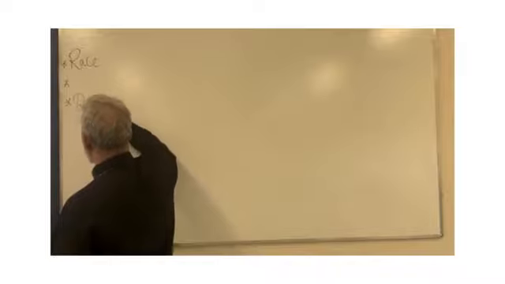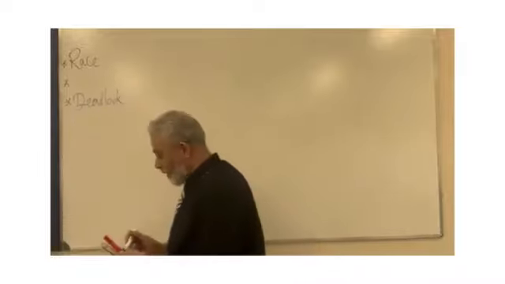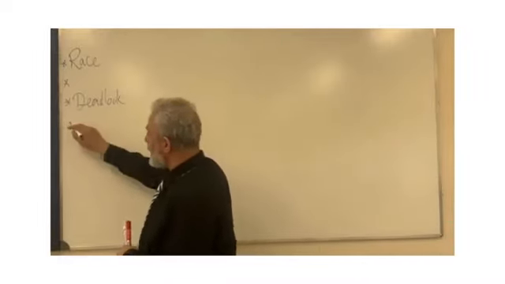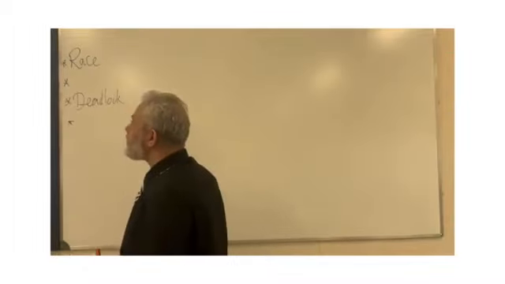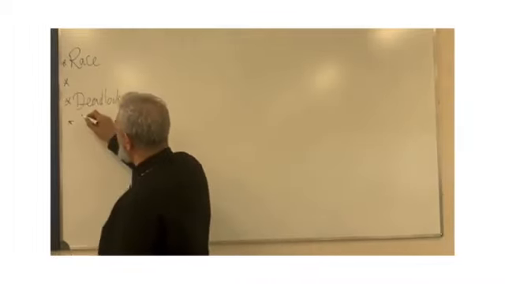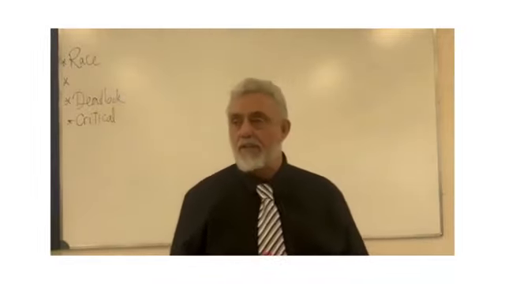One of the problems we'll talk about is called the race problem. We also have another problem called the deadlock. And finally, we'll have critical sections, or critical regions of code.